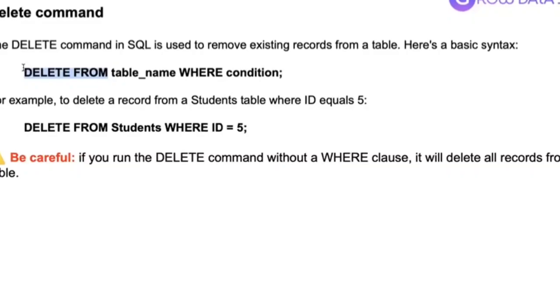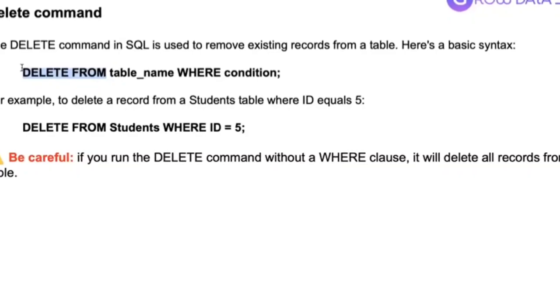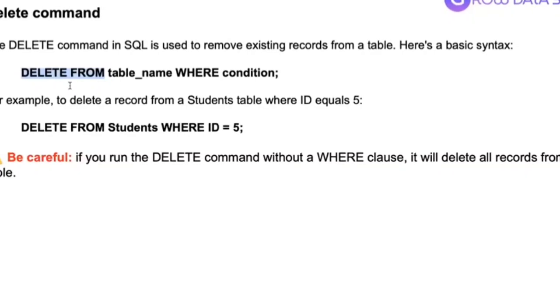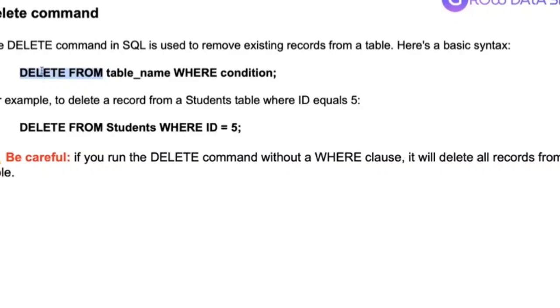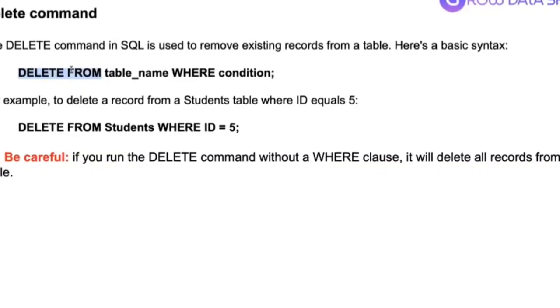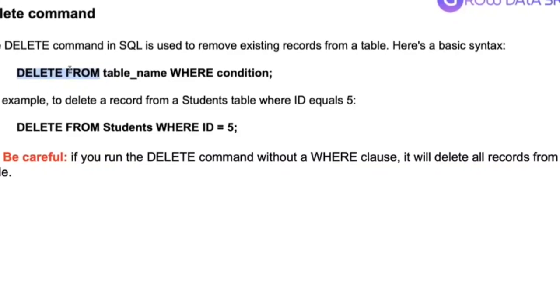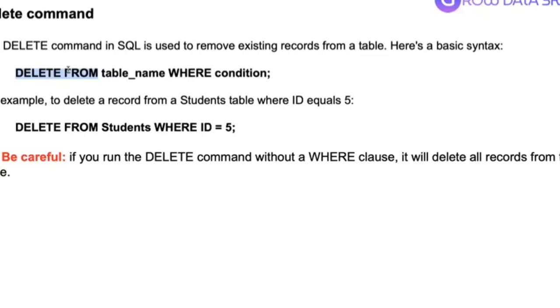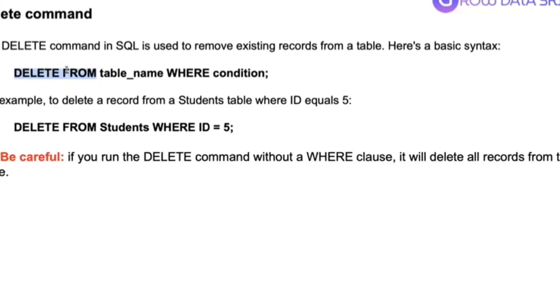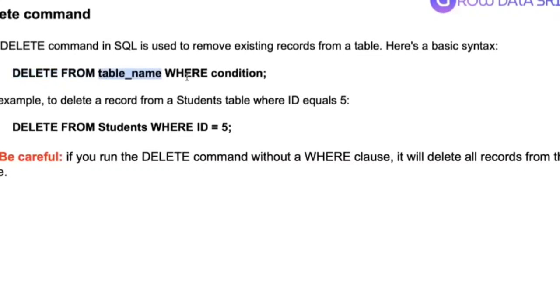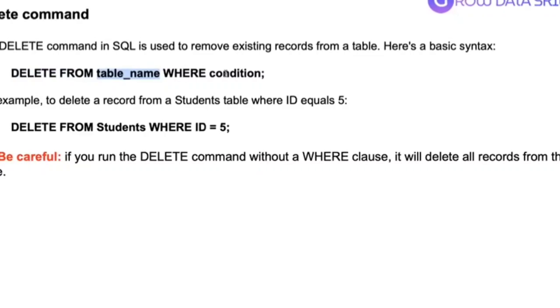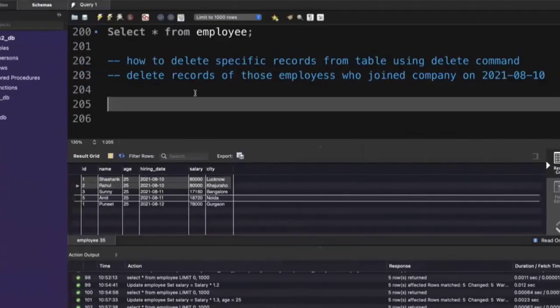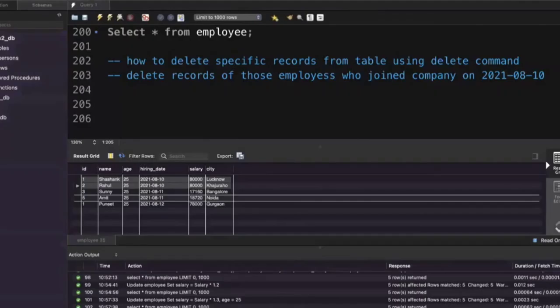It is a very common and basic mistake, but the main syntax of delete is: delete from, because there is no star, you are deleting the entire row, so putting a star or anything does not even make sense. So delete from table name and whatever where condition you want to put, right? Here, delete the records of those employees who joined the company on this date. So how are we going to write this query? This way.